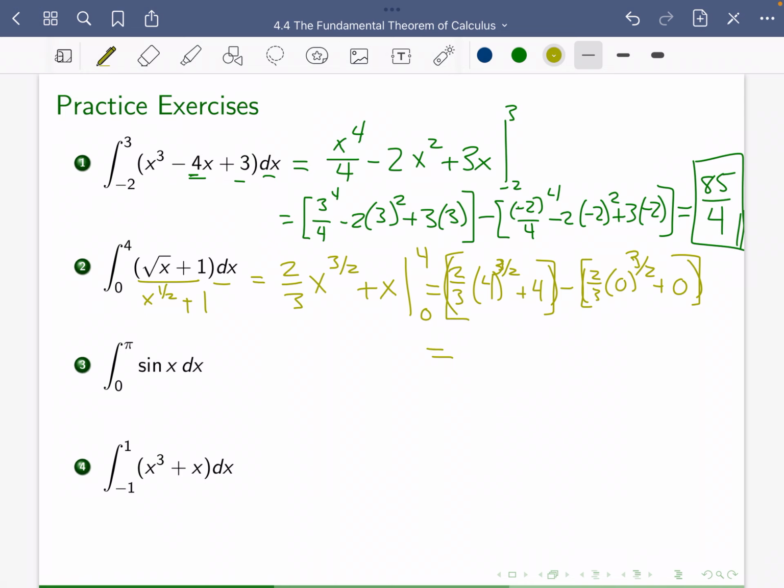And if we evaluate that, we end up with 28 thirds. Great.